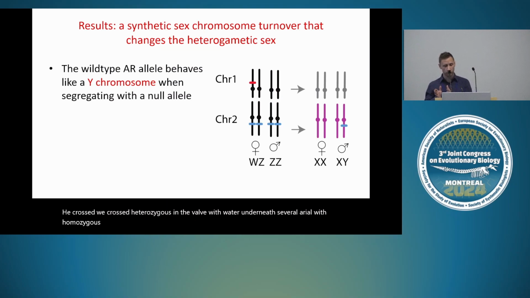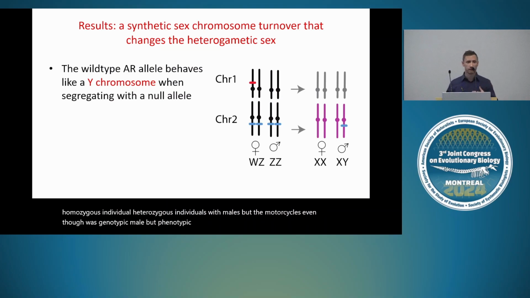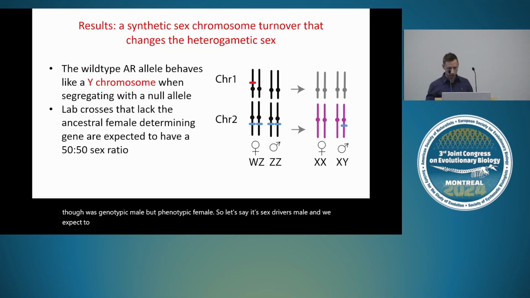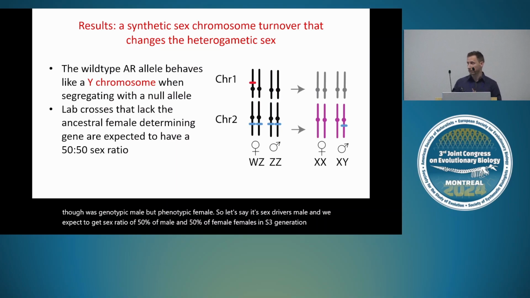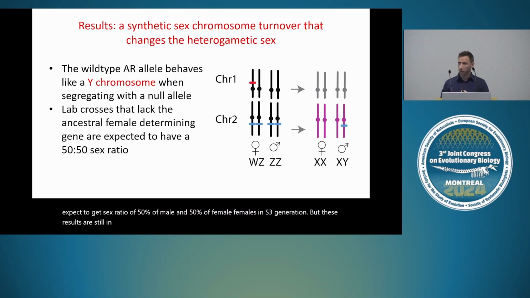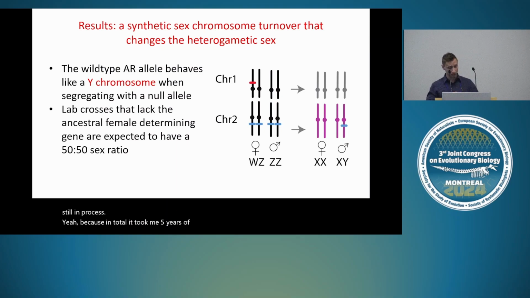The heterozygous individual was male, but the homozygous individual was genotypic male but phenotypic female, so let's say a sex-reversed male. We expect to get a sex ratio of 50% males and 50% females in the F3 generation, but these results are still in process. In total, it took me 5 years of animal husbandry and animal crossing for this experiment.